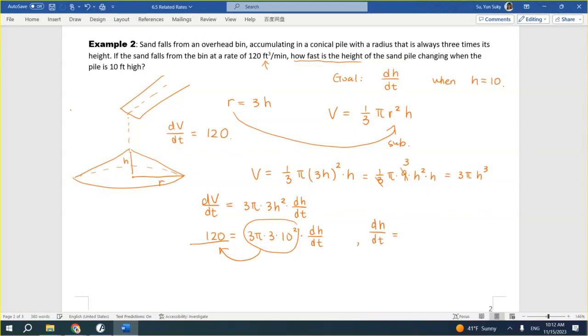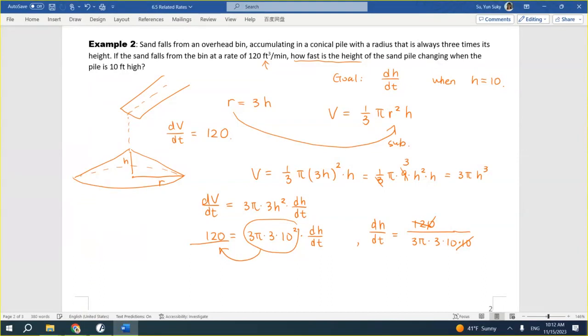We get dh/dt is 120 over 3 pi and 3, and 10 squared is 10 and 10. Let's try to simplify. Do you see the 10 and one of the 0 cancel?